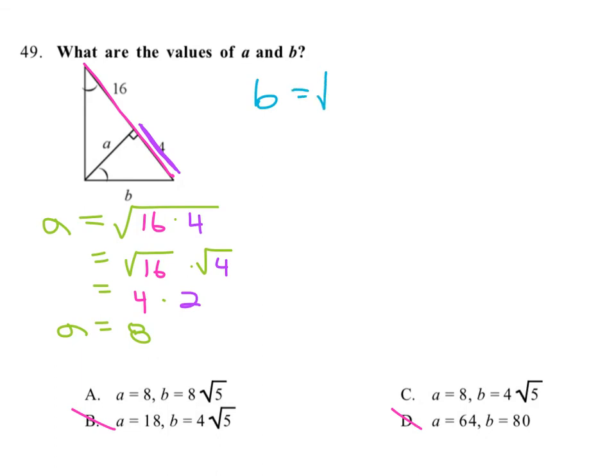We say we're going to have the square root of the entire length, 20, times that short length, 4. Which, as I said, you could write the same as root 20 times root 4. And the square root of 4 is just 2.